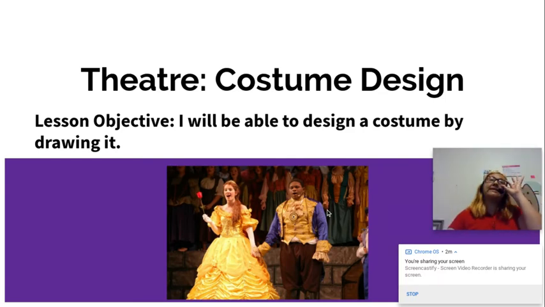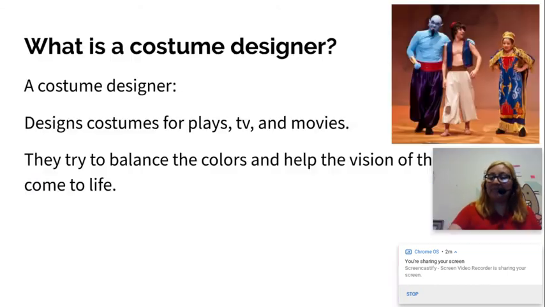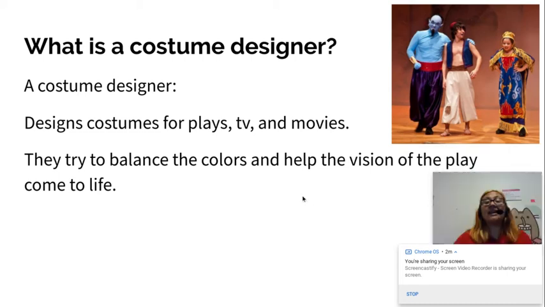And they're probably thinking like probably 1500s or 1600s based on what they're wearing. All right, so what is a costume designer? A costume designer designs costumes for plays, TV, and movies. They try to balance the colors and help the vision of the play come to life.